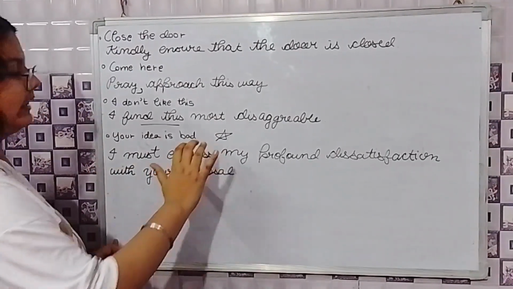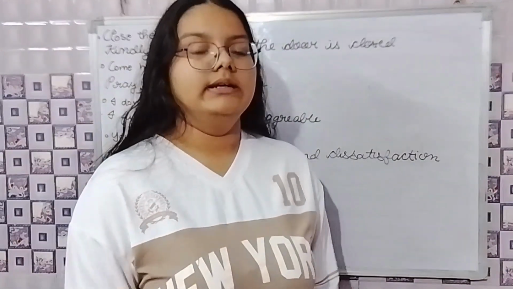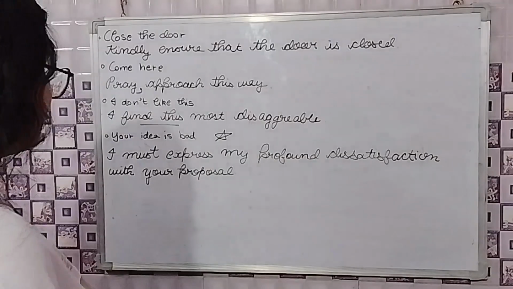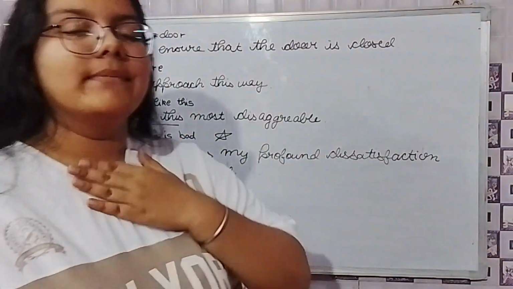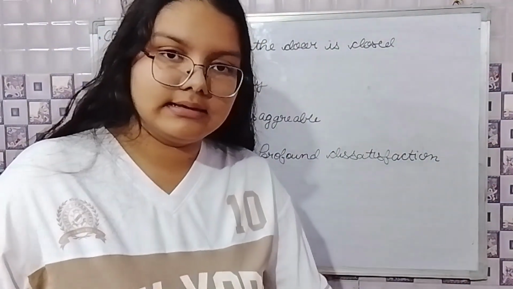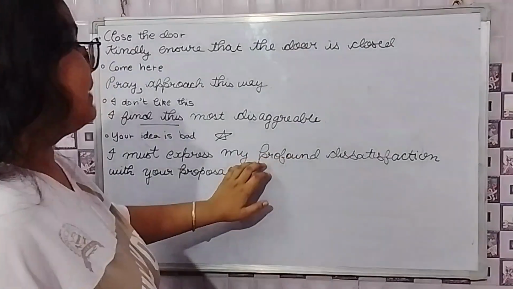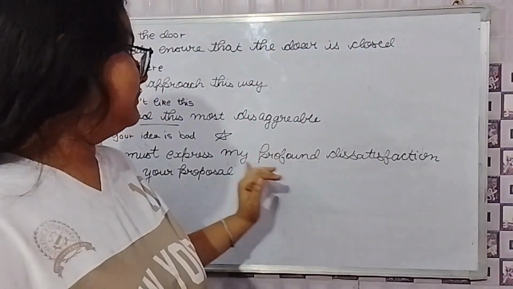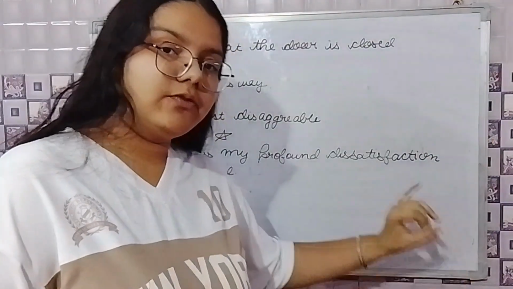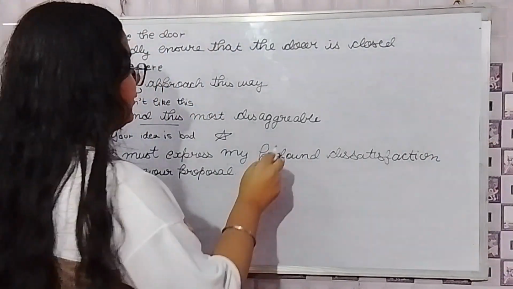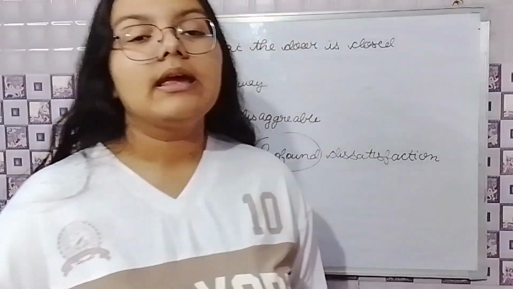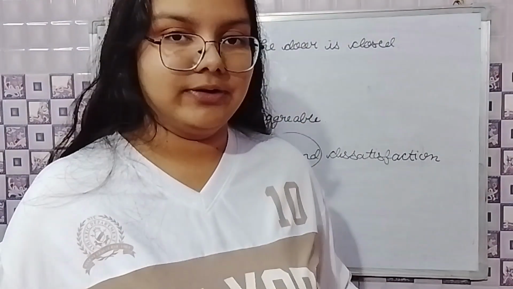"Your idea is bad." It does not mention any use of "I" in it, but you have to say, "I must express my profound dissatisfaction." We could also use "my dissatisfaction," but what we used was "my profound dissatisfaction." As I told you in the previous section, we always exaggerate in Victorian English.